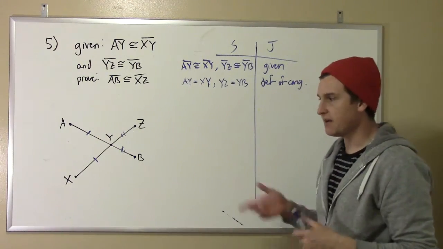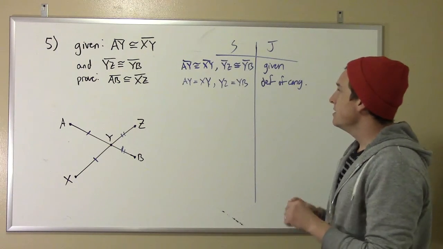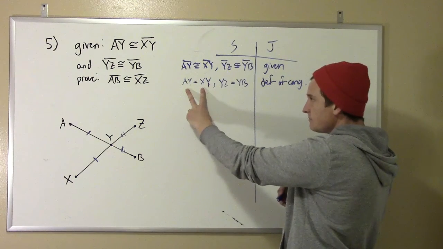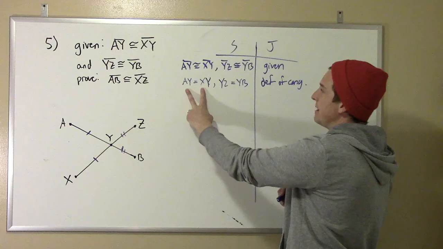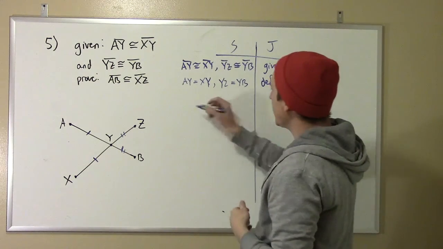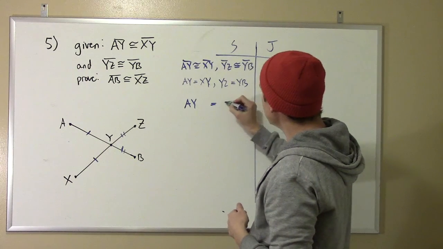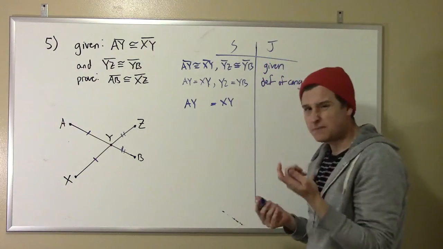But I'm going to do that up first just to show you that the order that you do it in doesn't matter. So what I'm going to do is take this statement right here and rewrite it, but add the same thing to both sides. So if I had AY equals XY, I could do something like this.